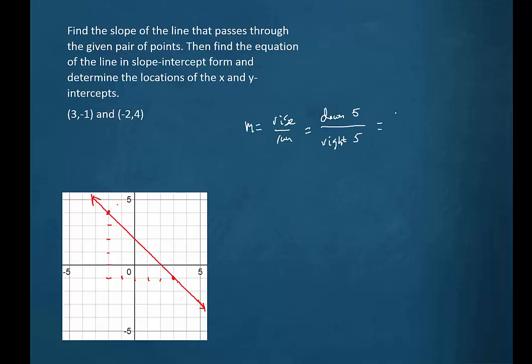Now down is negative, so this time we have a -5 in the numerator, right is positive, and so we have a +5 in the denominator. And this time then our slope is -1.